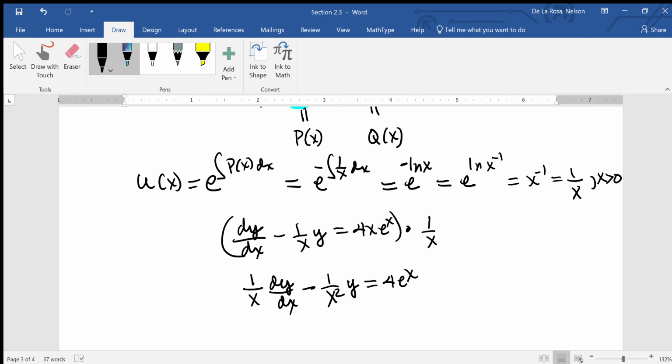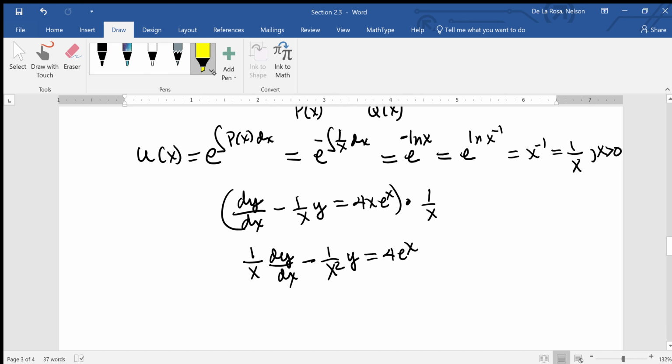And then, as in the previous example, this portion that I'm shading now in pink is the product rule, the result of applying the derivative on a product.